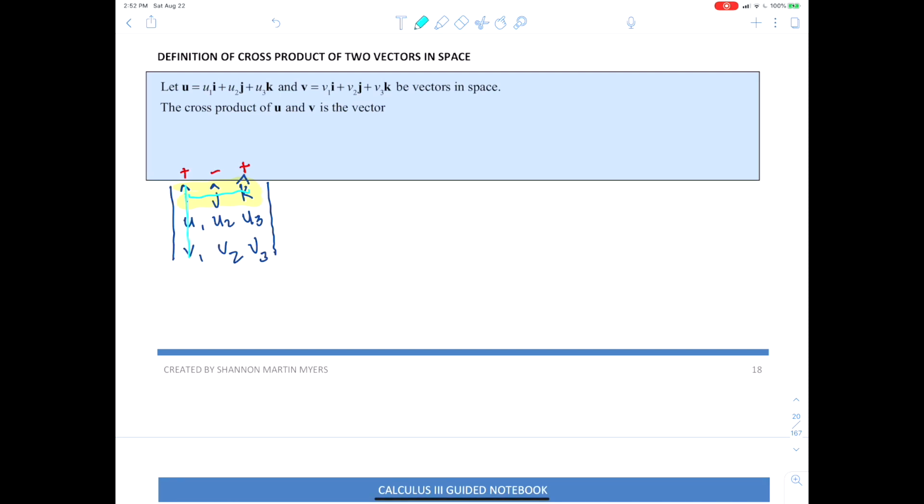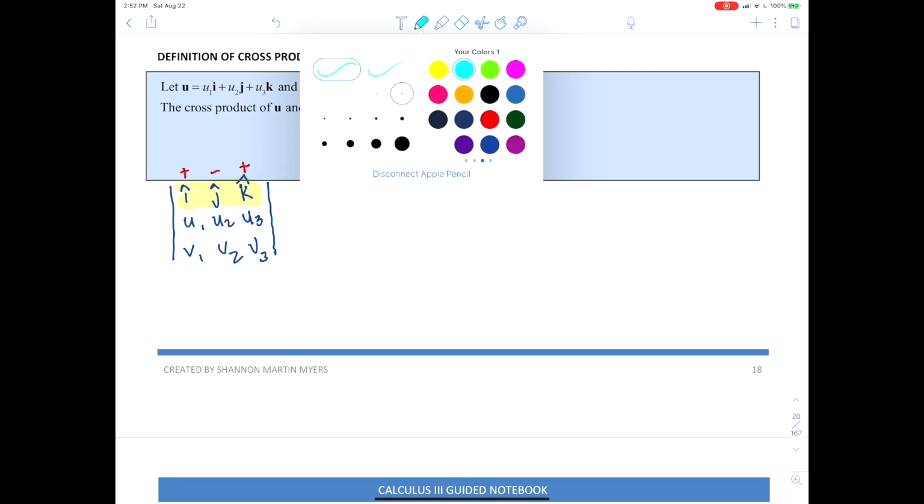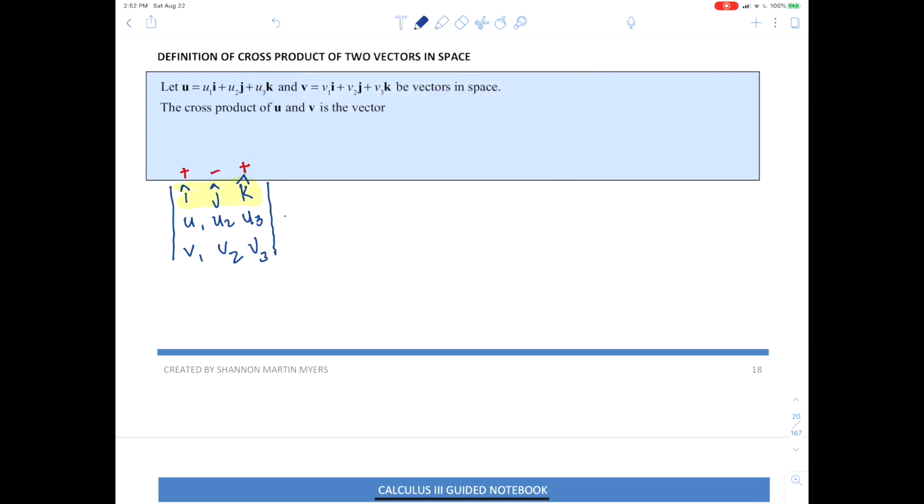Make sense? So I'll uncross that so we can see everything. This ends up being positive i times the determinant of u2, u3, v2, v3.